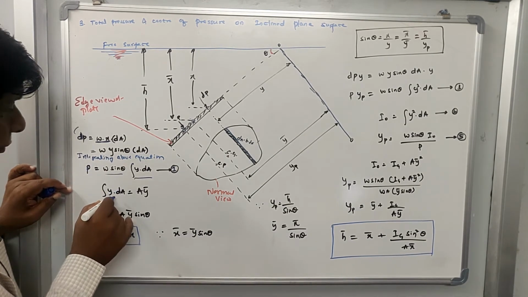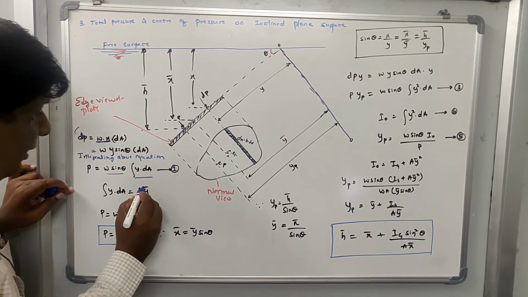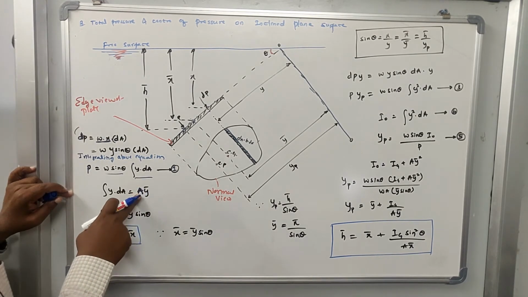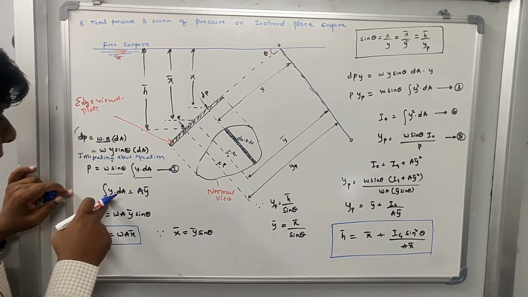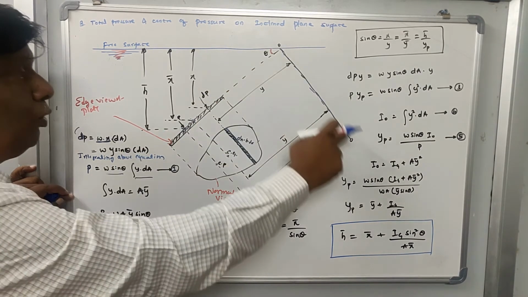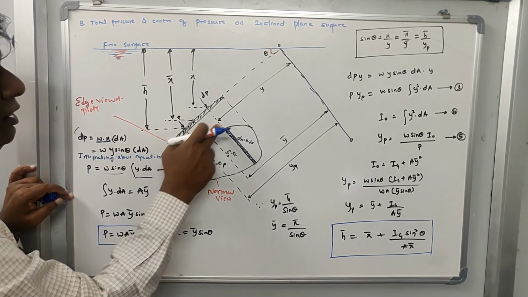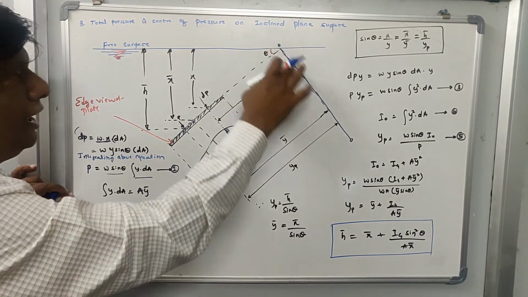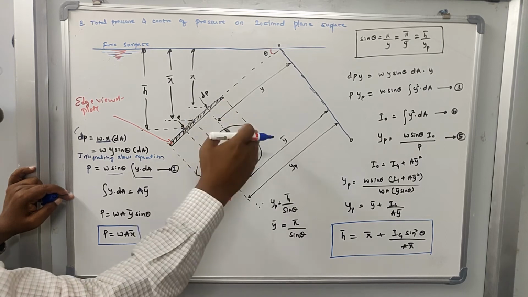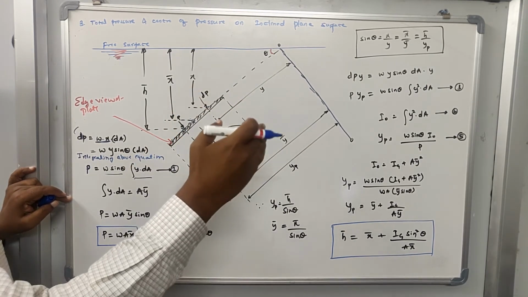the integration of dA, the area of the small strip, gives you the total area of the plate, A. Then what is y? It is the depth between the axis OO and the strip. There are a number of strips, each at a different depth, y1, y2, y3 and so on.